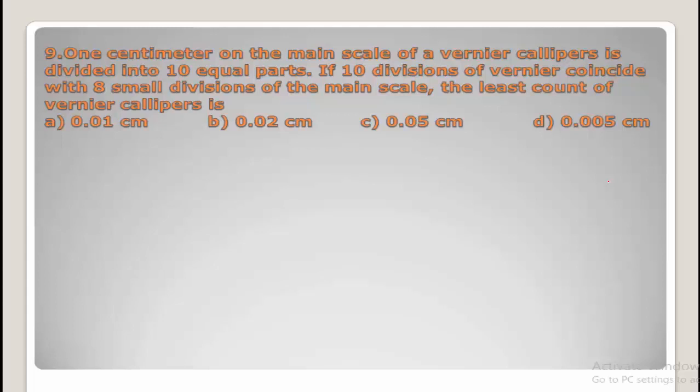Here the vernier calipers is having main scale and vernier scale. The given data is 1 centimeter on main scale. So 1 centimeter on main scale is divided into 10 equal parts.